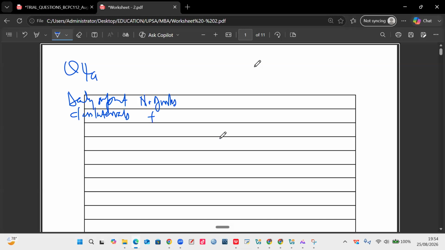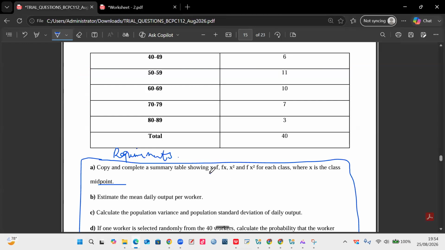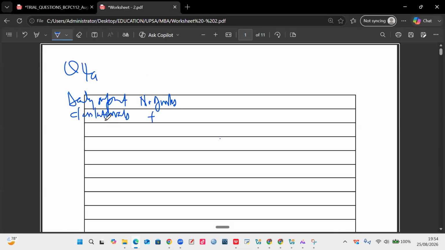Then the question says we should have X, F, then Fx. So if this is the class intervals and this is F, then we must have class midpoints, which will give us the X.